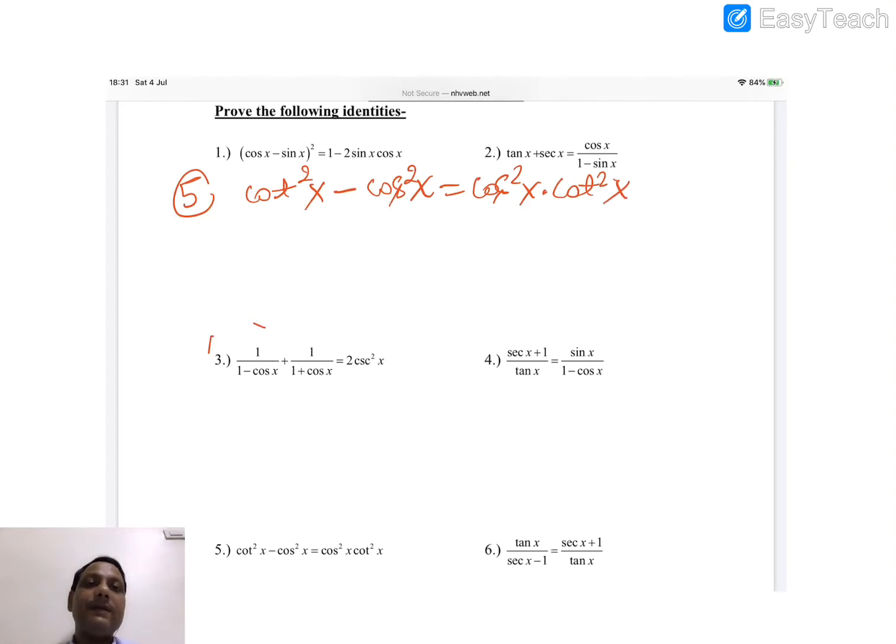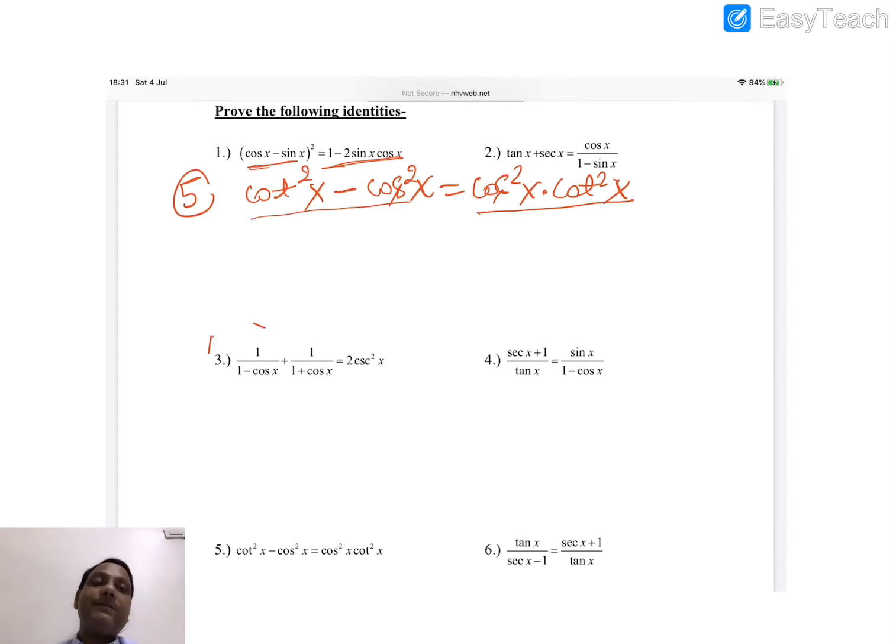Okay, once again, for an identity you all know left hand side is always equal to right hand side. So for that reason, this whole thing is going to be equal to that. For some questions we have to take left hand side to prove right hand side. Sometimes from left hand side the question is going to be more complicated, so in certain questions we have to choose right hand side and prove left hand side.